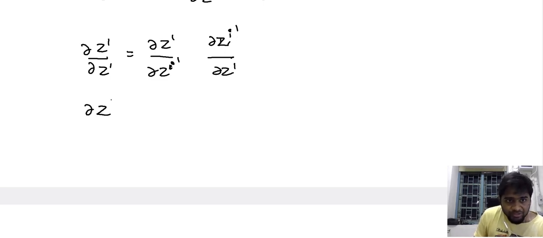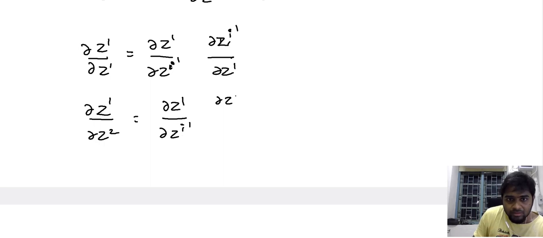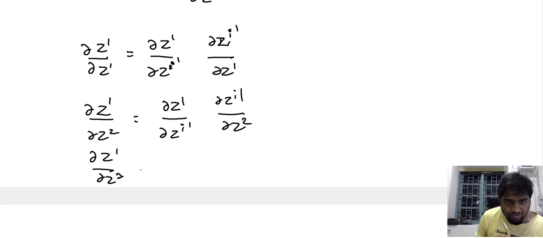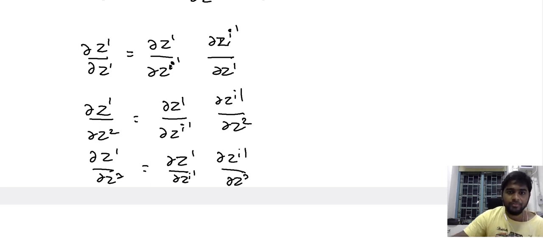The second expression, z1 with respect to z2, again under Einstein's convention, would be z i prime by z2. The same way, the third expression would be z1 by z i prime, z i prime by partial derivative z3.